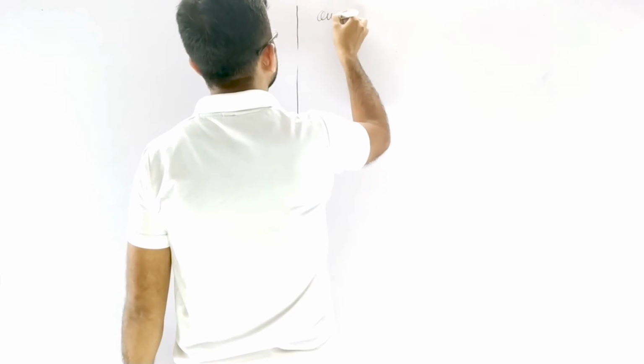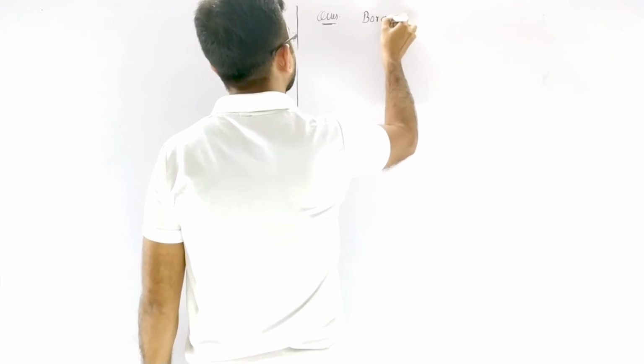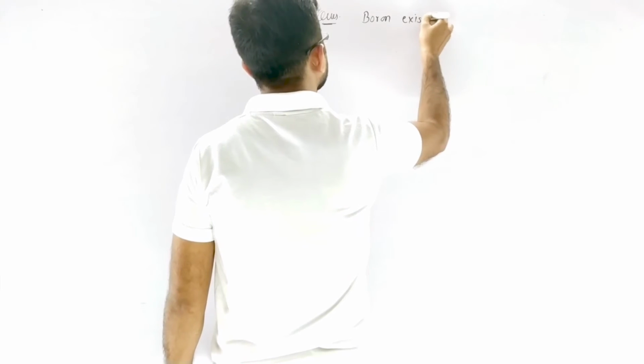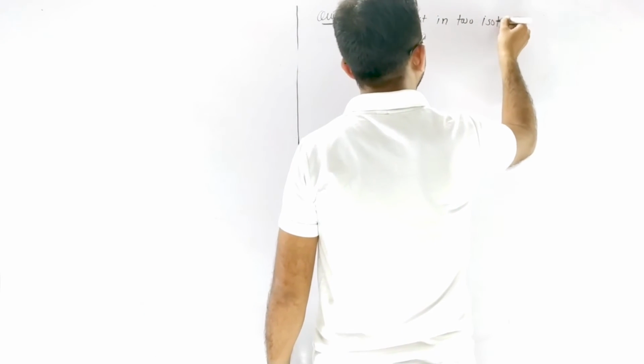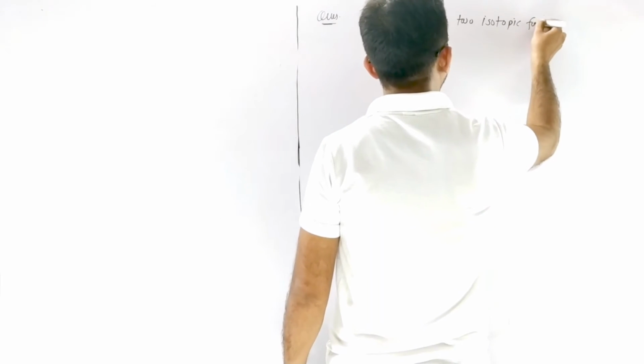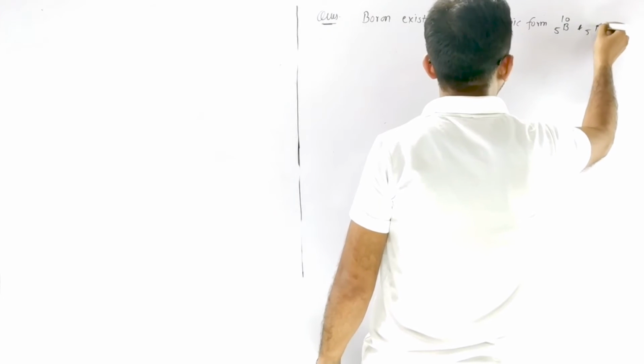Next we discuss one question. Boron exists in two isotopic forms, 5B10 and 5B11.